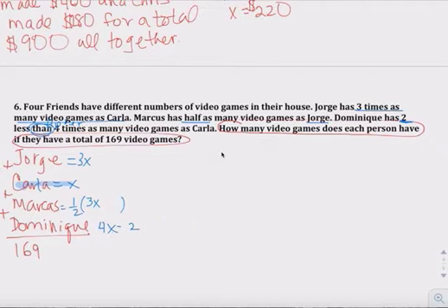Okay, we add Jorge, Carla, Marcus all together. 3x plus Carla plus Marcus, which is 1/2, or 0.5 times 3, you get 1.5x. When you multiply that, 0.5 times 3, you get 1.5x. Plus Dominic, 4x minus 2, has a total of 169.